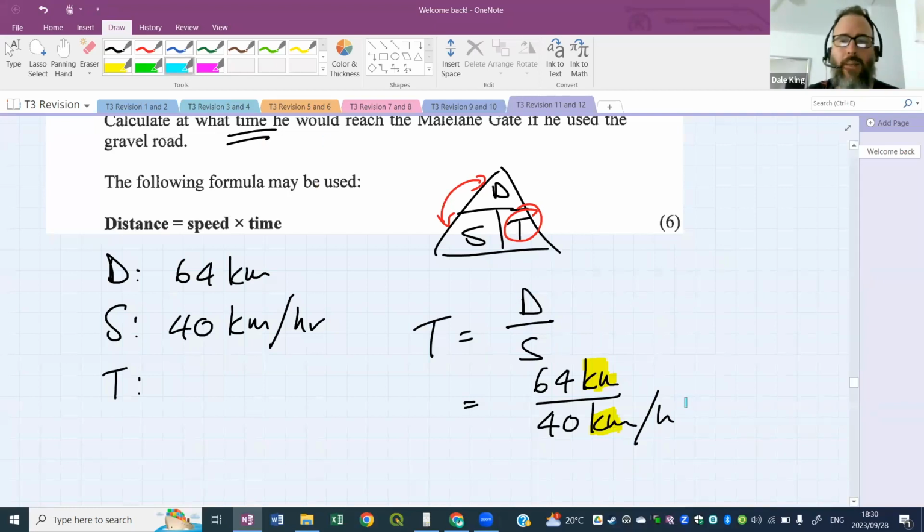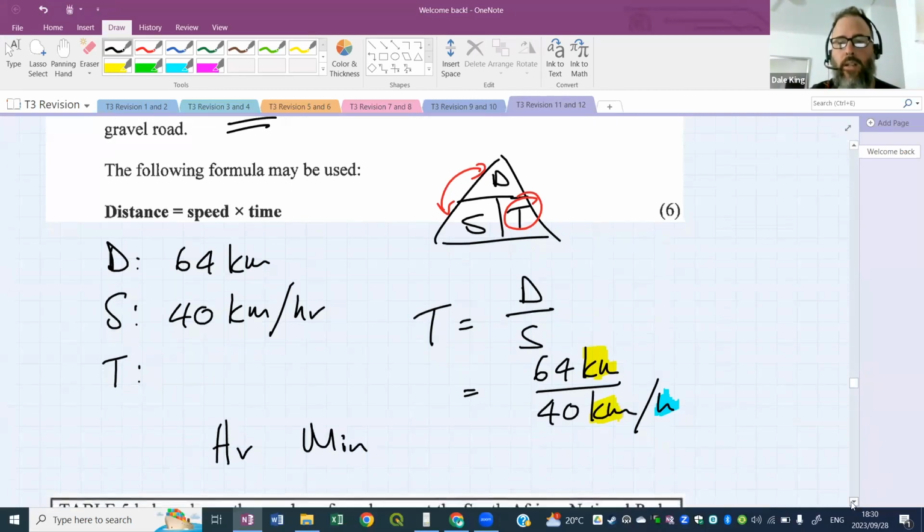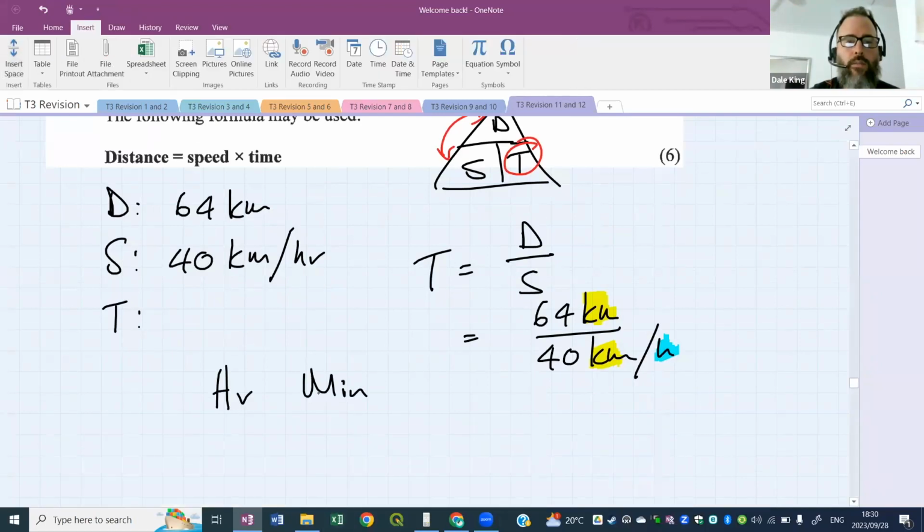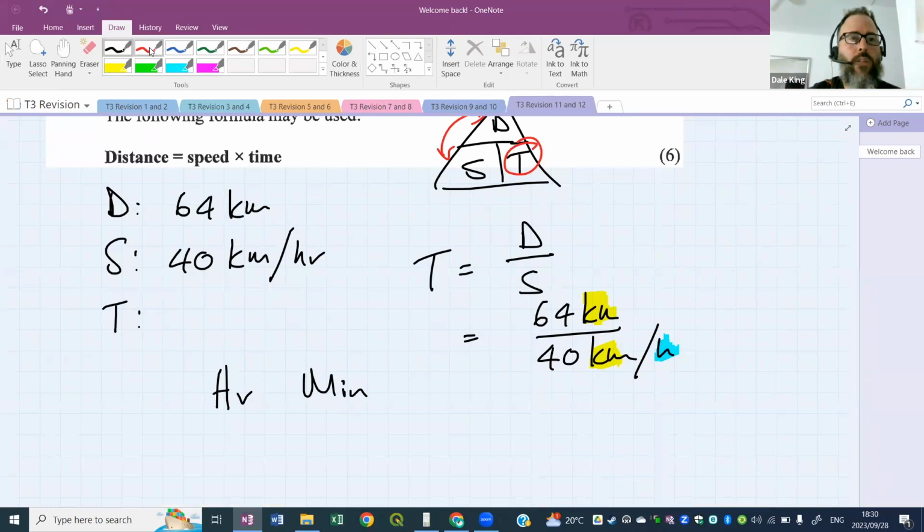And then the time that we're going to get out is shown here. It's going to come out as hours. Now, it's not going to come out as hours and minutes. All right, there's two time formats that you guys know and use in math literacy. We got hours and minutes, which can be, for example, 1 hour and 20 minutes.